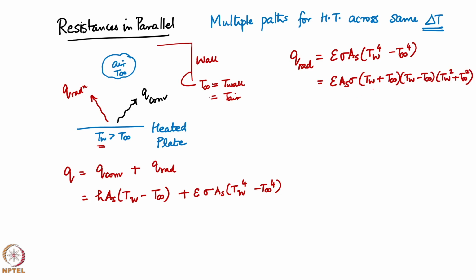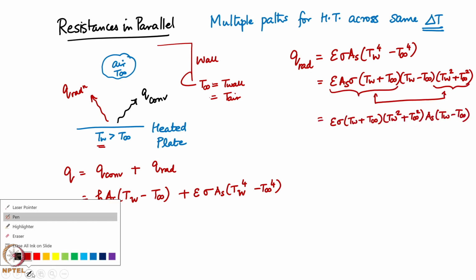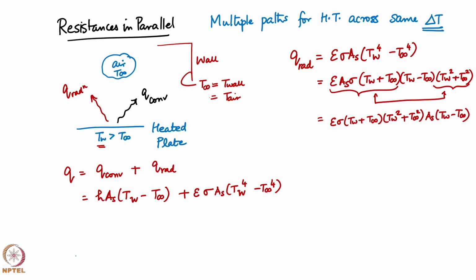This I am putting together, I will group all these together. So, this is going to be, okay. What is this? This is like your h. So, I will write Q radiation is h rad into surface area into (T wall minus T infinity).